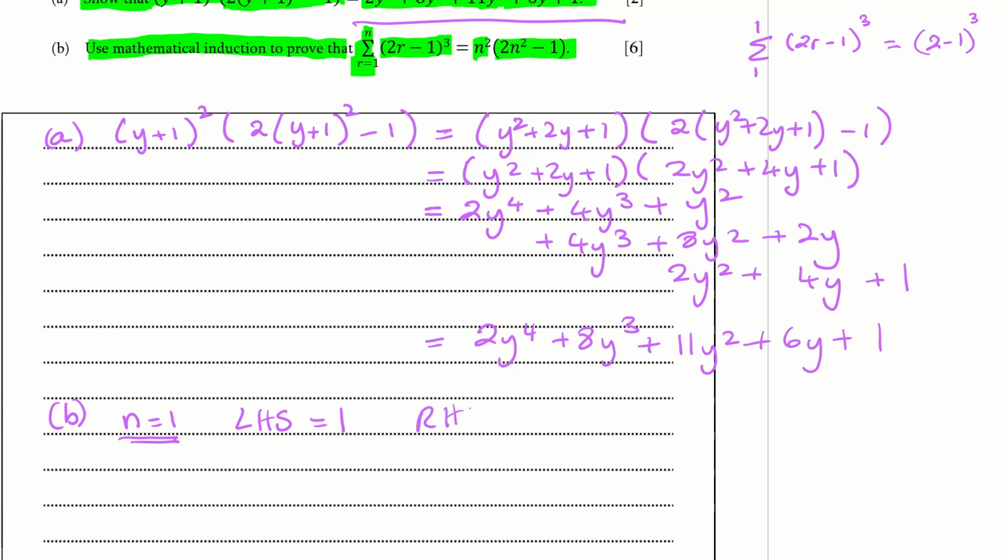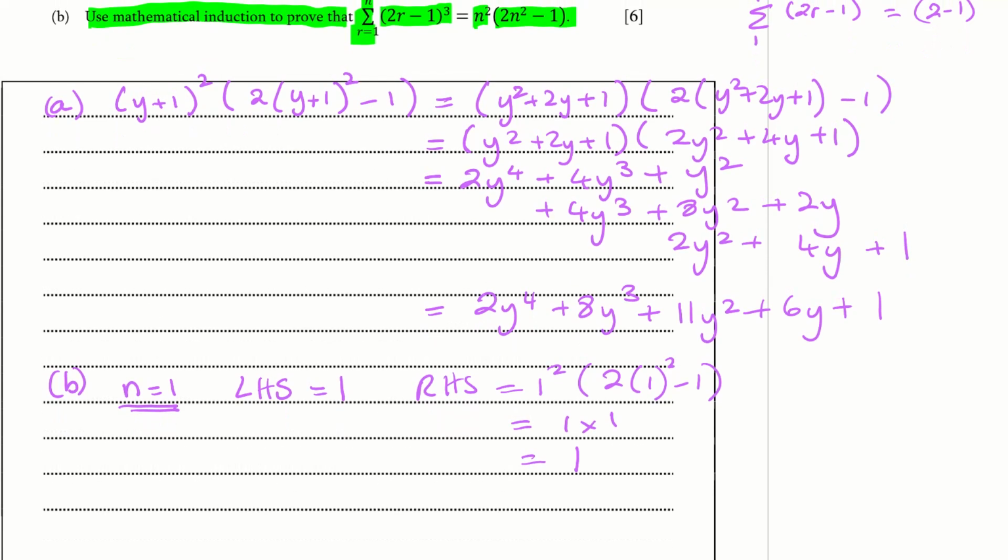The right-hand side is 1 squared times (2 times 1 squared take away 1), which is 1 times 1, which is 1. So we have the first part done. It is true for n equals 1.